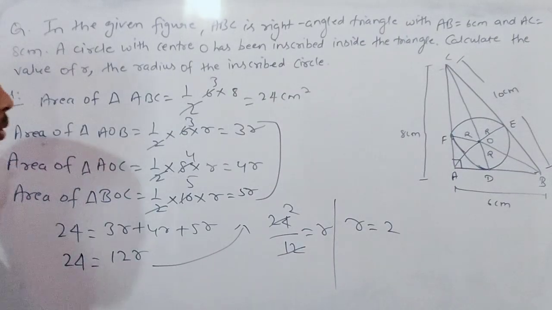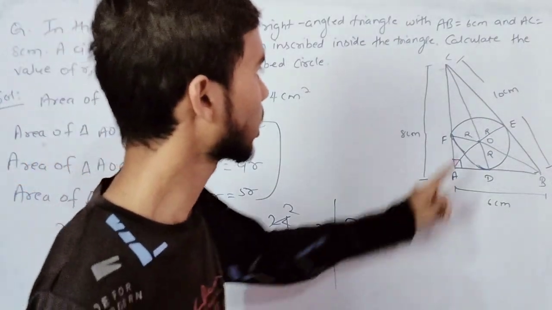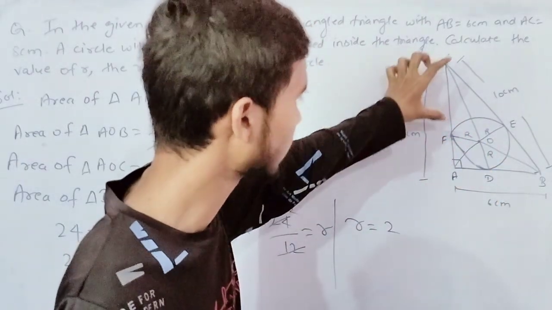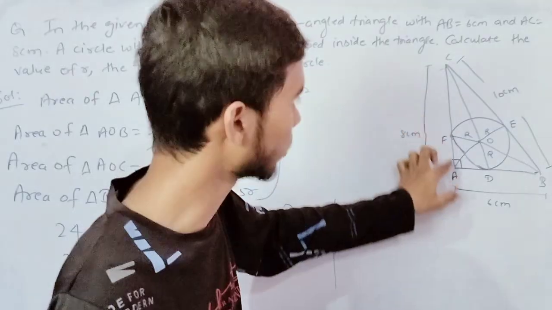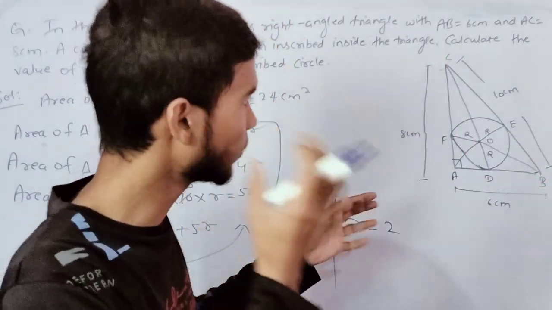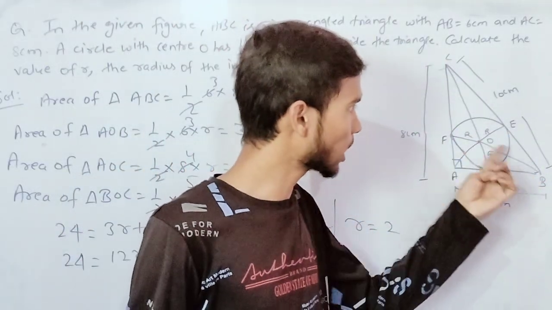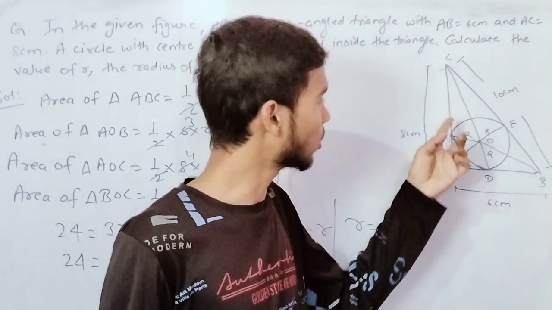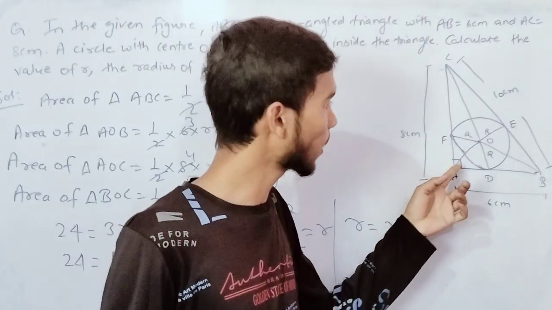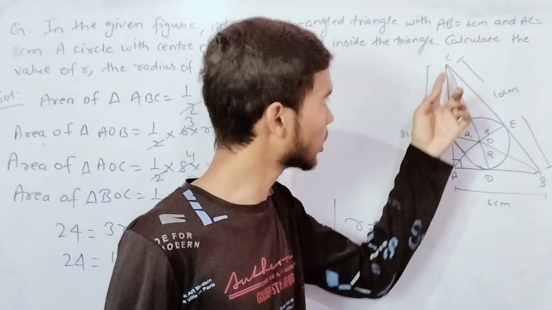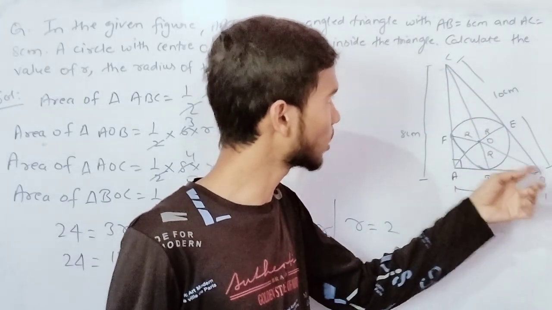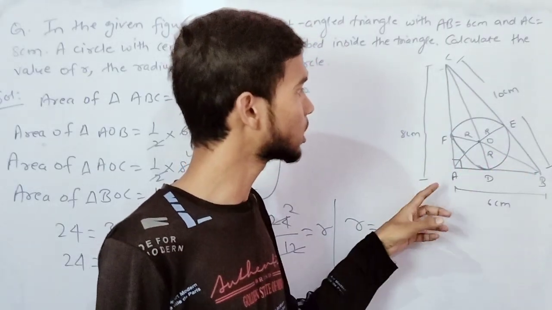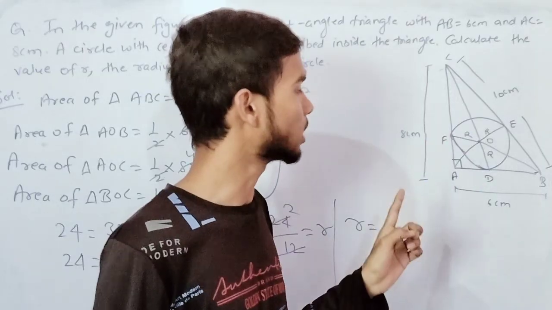What did we do? We found the total area of triangle ABC. Then we took one triangle which is a part of triangle ABC, a second triangle AOC, and a third triangle BOC. These three triangles are parts of triangle ABC.